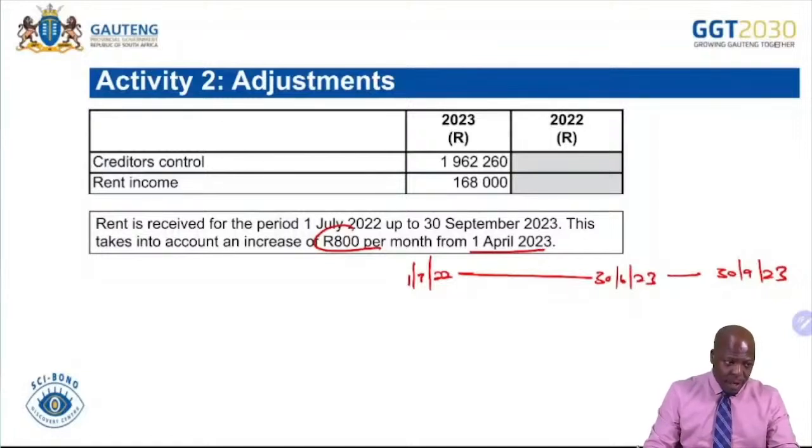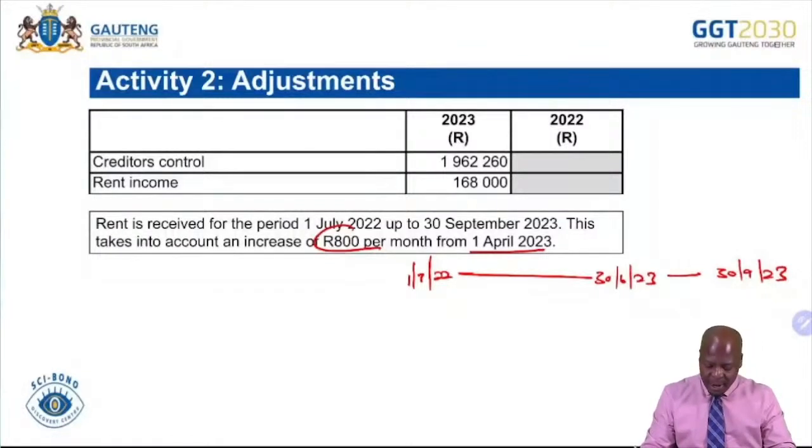Let's see. The months without increase are starting from the 1st of July 2022, and it increased on the 1st of April. So from July until 30 March 2023, these months are without increase. And those months that are without increase would be your 9 months.